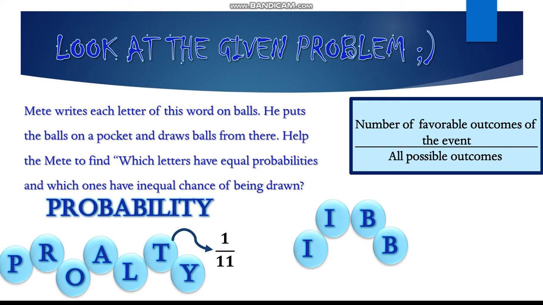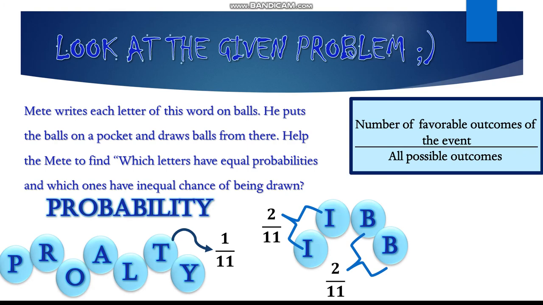Let's go back to the letters which are repeated. For these letters, as you see, I and B, we should think that they are repeated 2 times, so they have 2 favorable outcomes. So we should write their probability as 2 over 11. And also the letter B has a probability of 2 over 11.